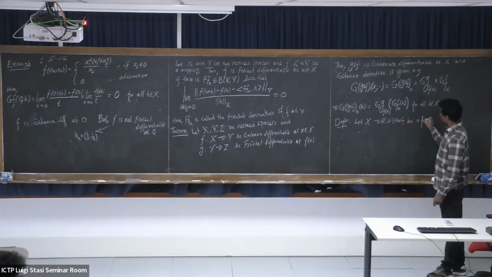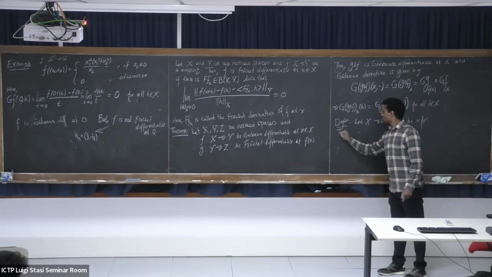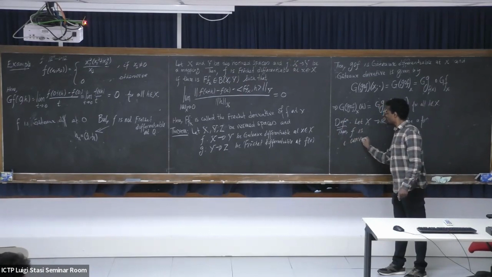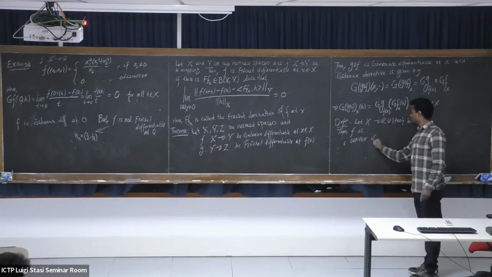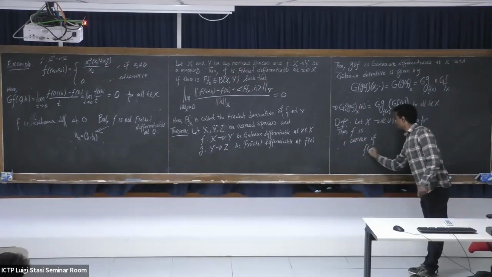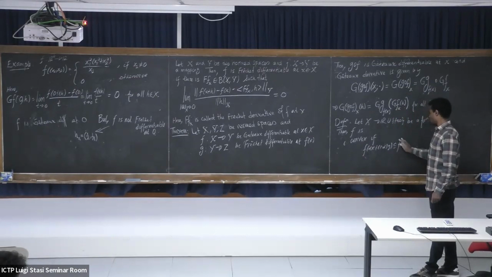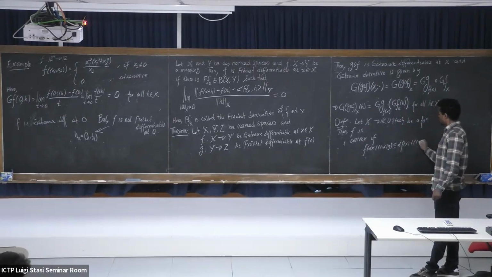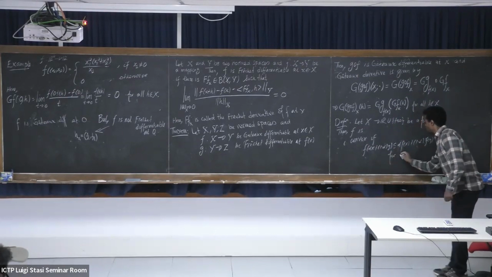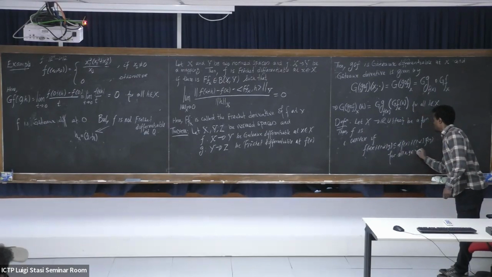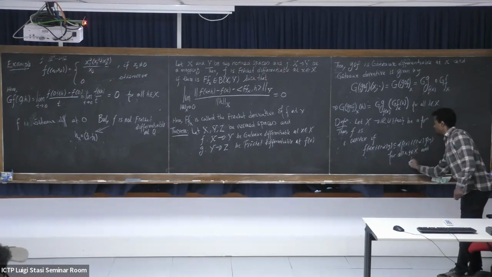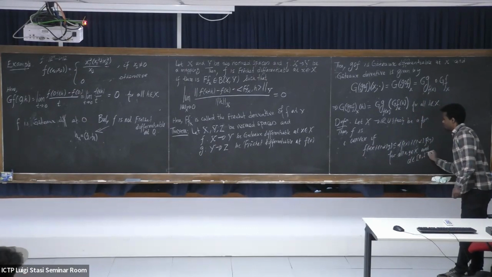If F is convex, just to remind you, F of alpha x plus 1 minus alpha y is less than or equal to alpha times F of x plus 1 minus alpha times F of y, for all x and y and alpha in 0 to 1.